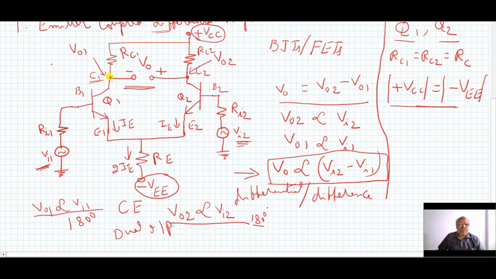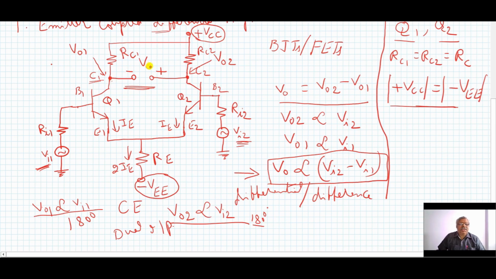At the collector we get not only the amplified AC signal, we also get some DC potential, which is the biasing condition, DC voltage. So at collector C1 and collector C2, both AC and DC will be present. That DC is due to the biasing conditions.